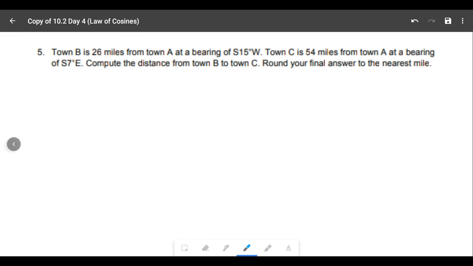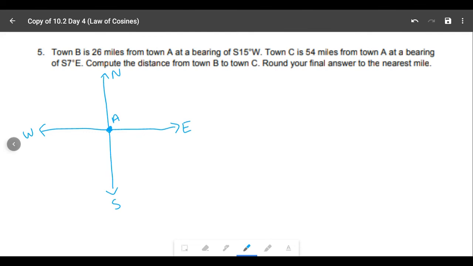When we talk about these bearing problems, it might be easiest to think of them on your XY plane, where we're going to have north, east, south, and west as labeled. Since both town B and C are being described from being so far away from town A, let's go ahead and put A at our origin.